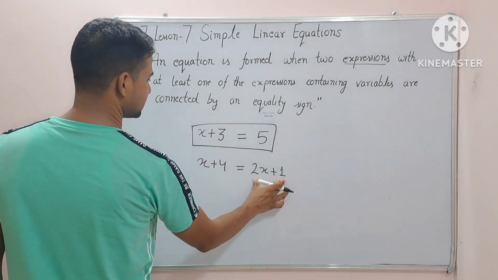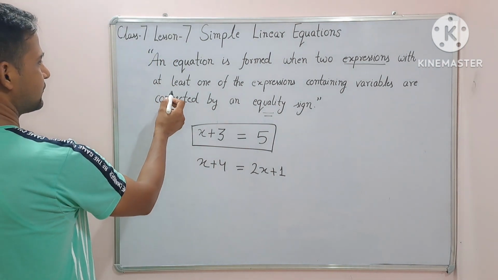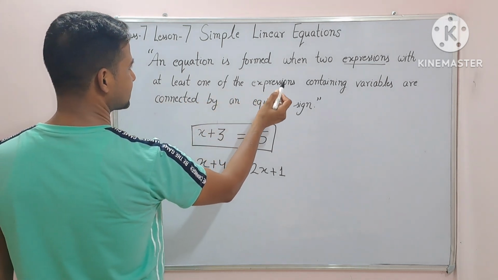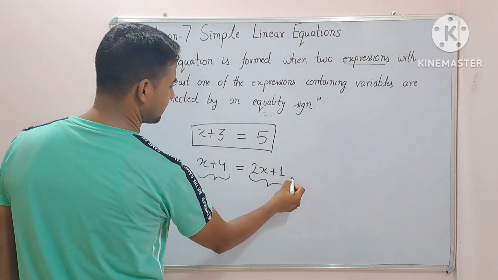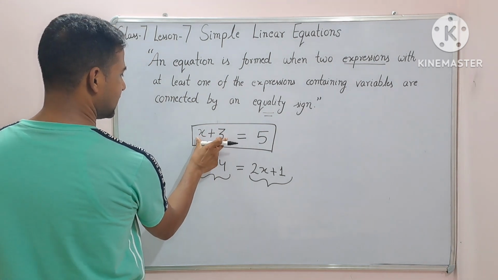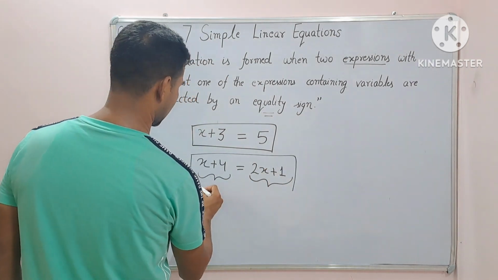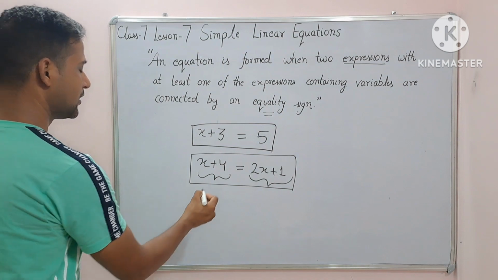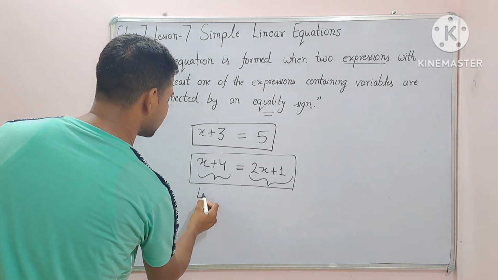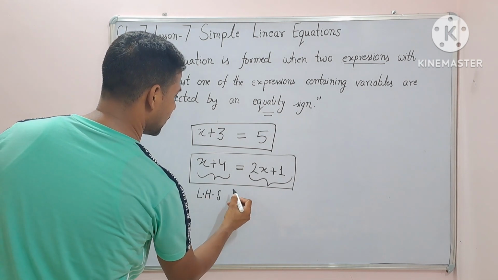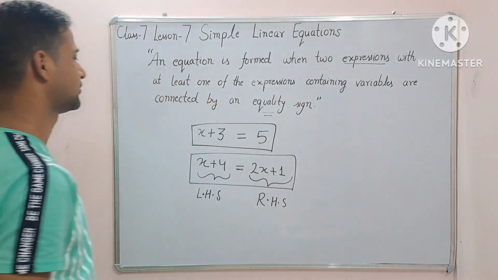This is one expression, this is another expression. These two expressions are connected by an equality sign, and at least one of the expressions should contain a variable. In this equation both expressions have variables. In this one, only one has a variable, so this is also correct. Both of these are equations. One more thing, this is a sign of equality. What is on the left of this sign? The left hand side. And on the right of equality, the right hand side. Clear?